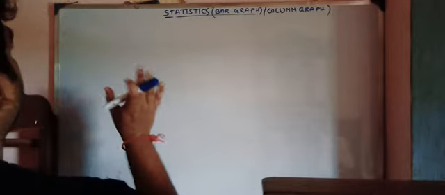We understand them more easily. Now, what is a bar graph? I am drawing a bar graph, but that's for assumption.